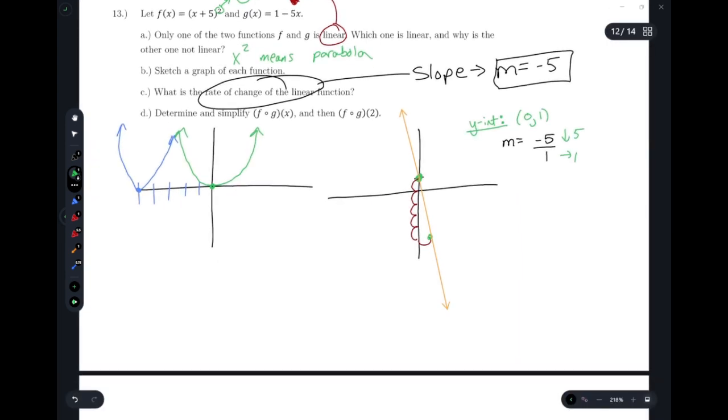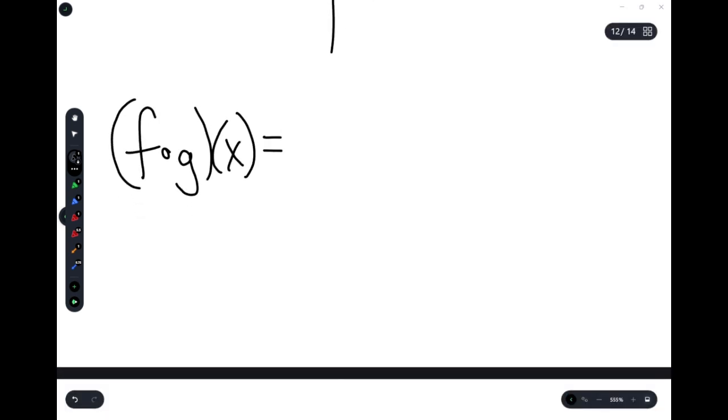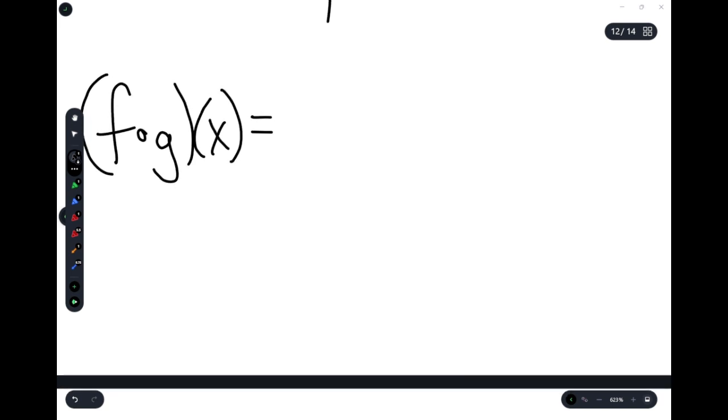Oh, we got to do the composite. All right, f of g of x. We haven't done this yet today, have we? Okay. What was f of x?